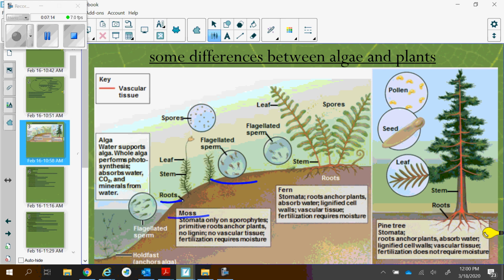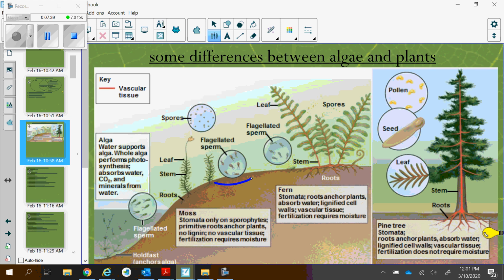But these are the first ones that have roots. So as the roots came up, they were able to overcome the moisture scenario of absorbing water from the soil as opposed to water from the surrounding water that they were living in. And then they also had to stick with these flagellated sperm. So they can only reproduce in scenarios where there's a great deal of water.